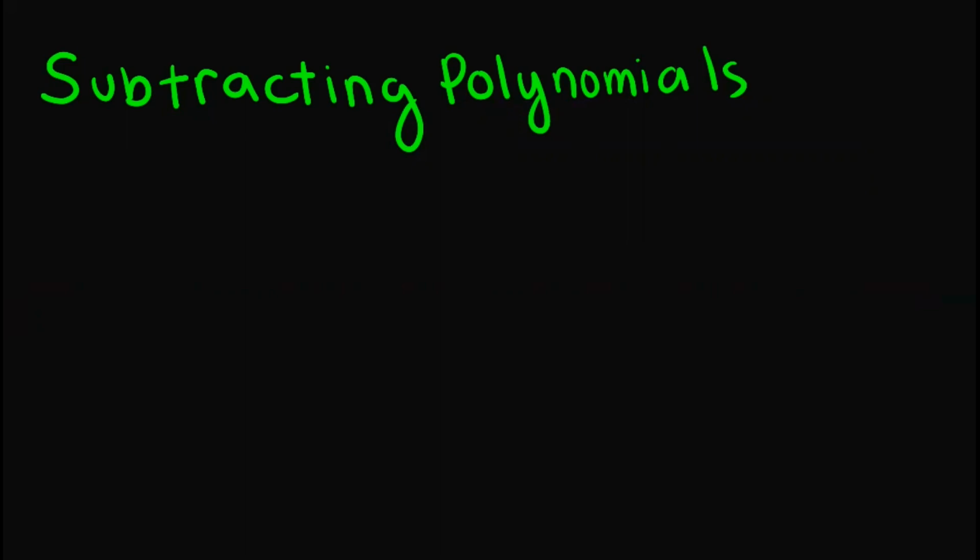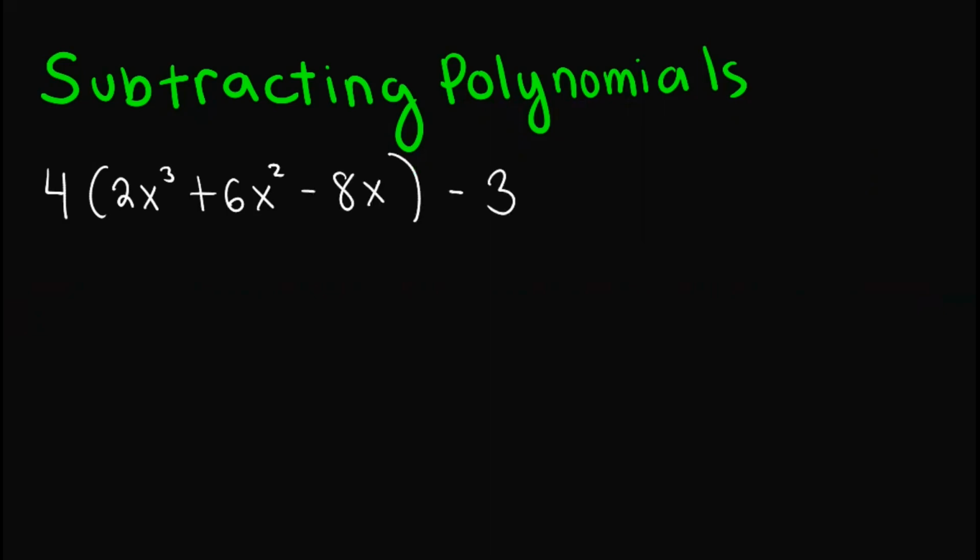Let's have our last example. If we have 4 times 2x cubed plus 6x squared minus 8x minus 3 times 3x squared minus 6x cubed plus 10x.